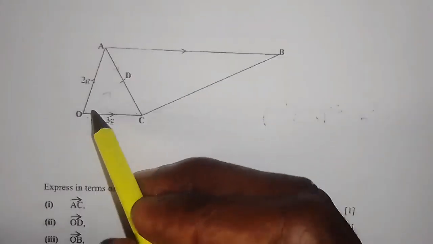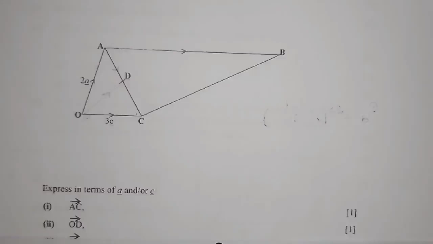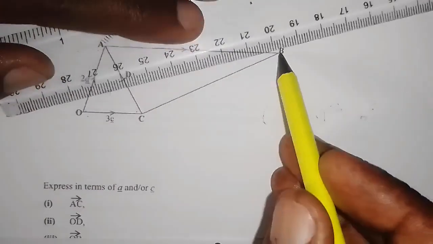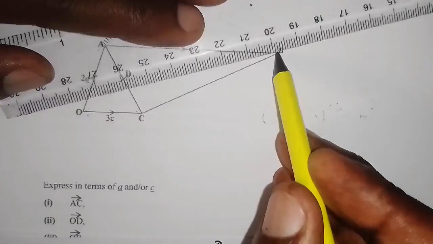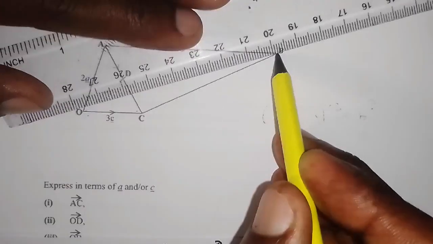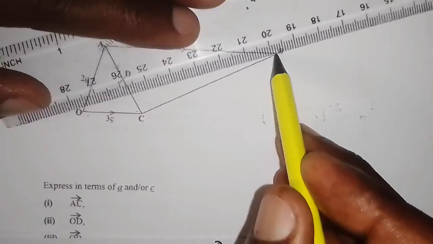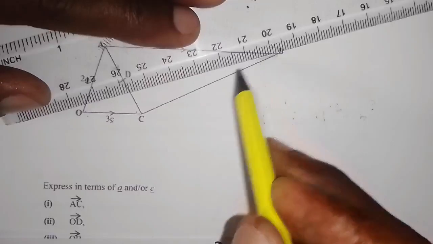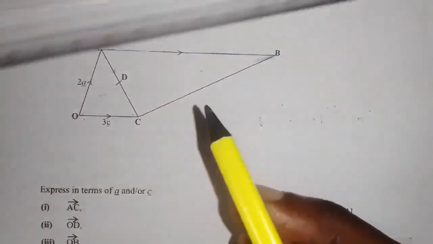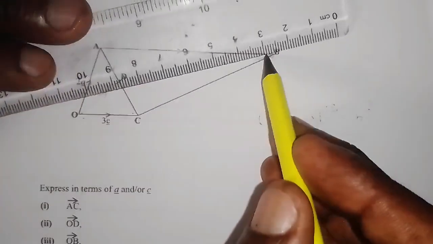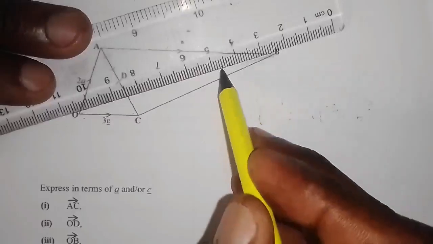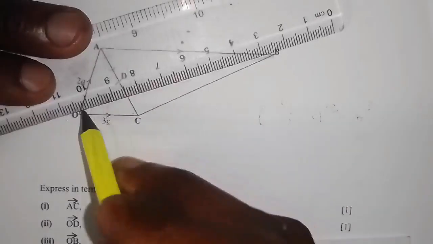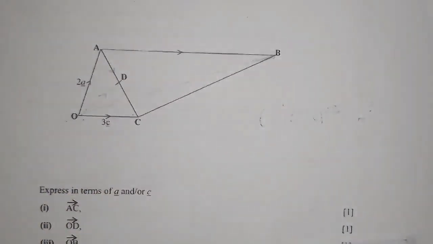We are sort of getting your ruler and seeing what is happening, just to understand what is happening.